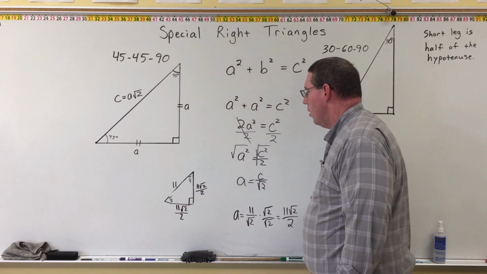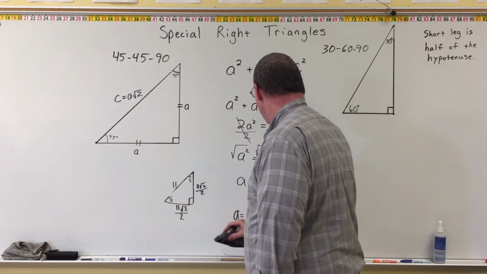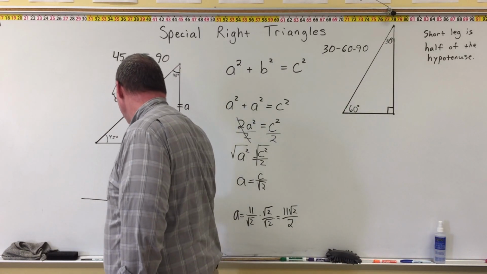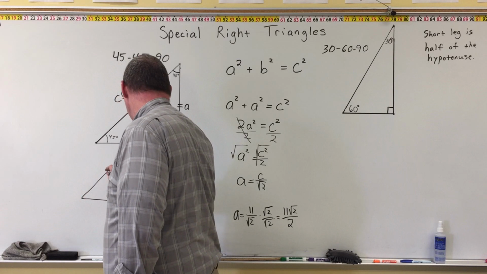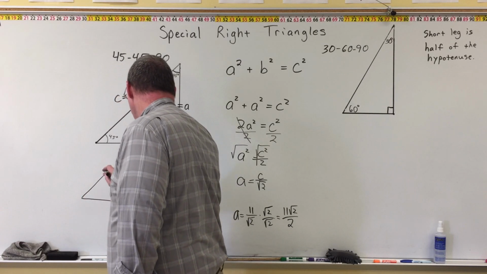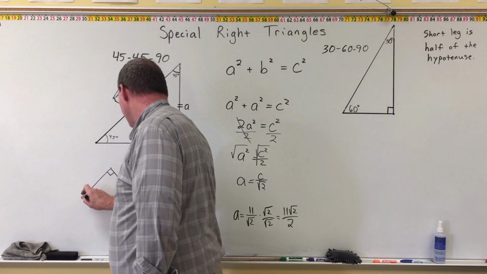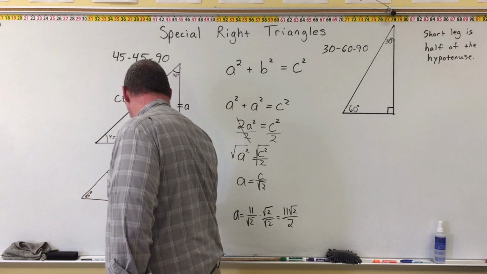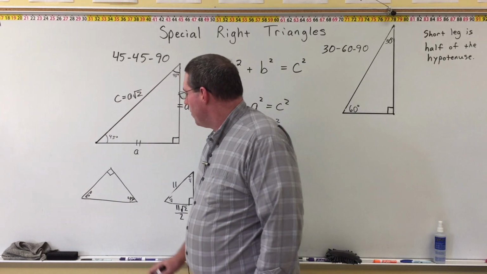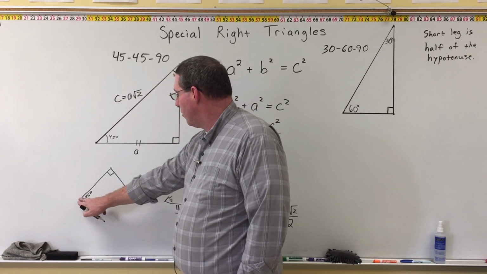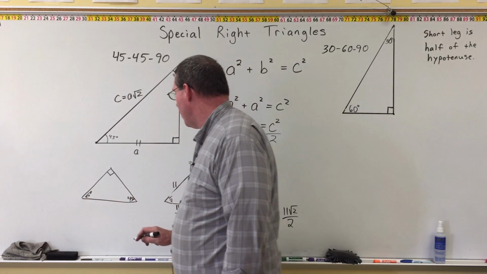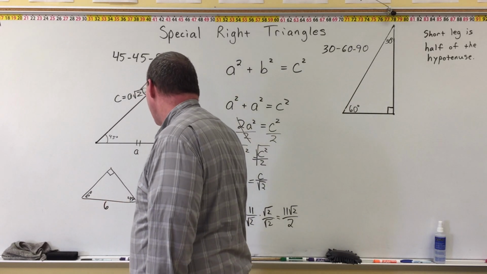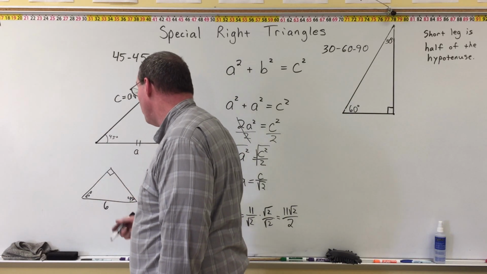Okay? All right. So now let's say I give you another one. I give them to you in different shapes too. I might give it to you looking like this. And I'll say, oh, there's a right angle there. This is 45 degrees. This is 45 degrees, right? So now I may tell you that the distance from here to here is equal to 6, and I want you to find the lengths of the two legs.